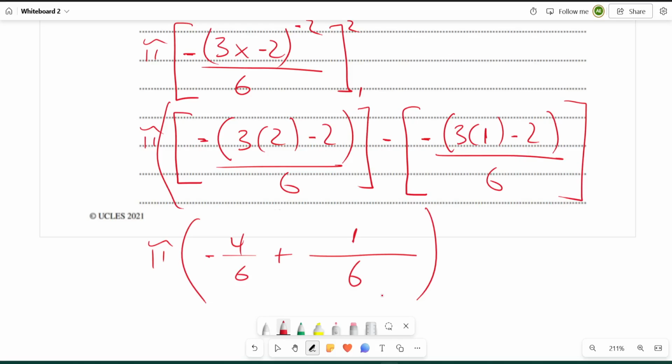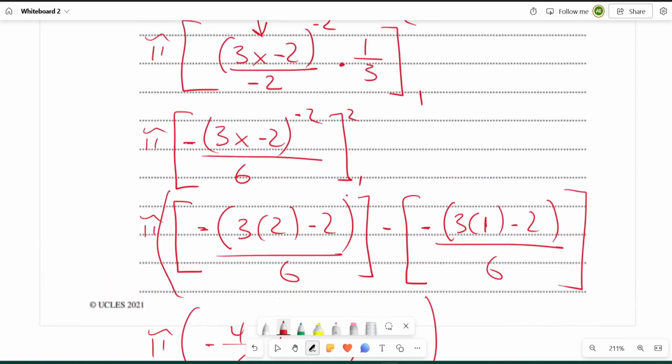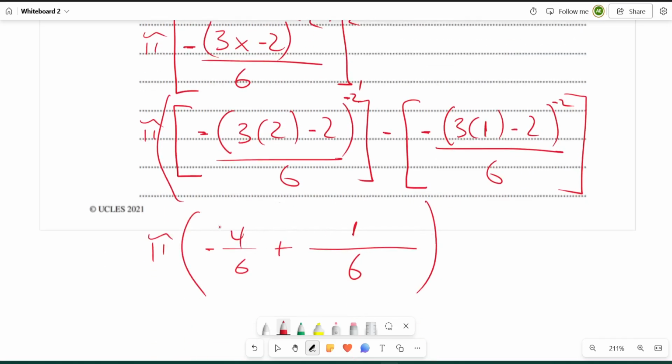Negative 4 over 6 plus 1 over 6 is basically, there must be something. Yes, this is power negative 2. We forgot to put power negative 2. So this is going to be power negative 2, and this is going to be power negative 2. Let's check.